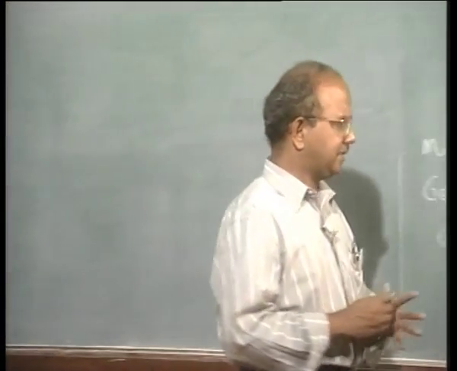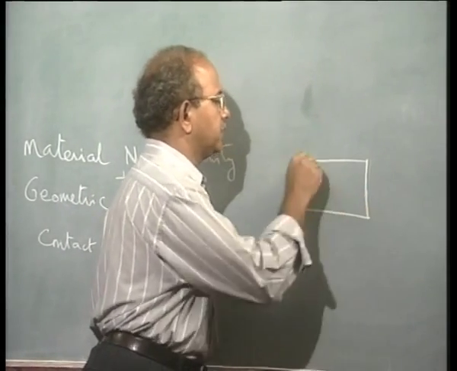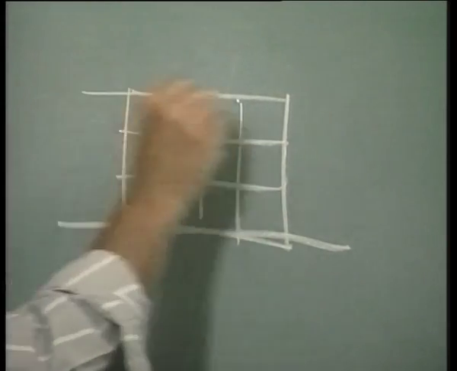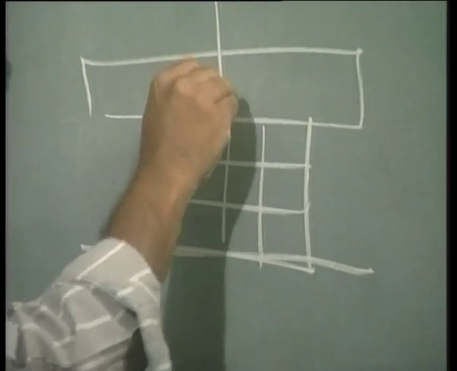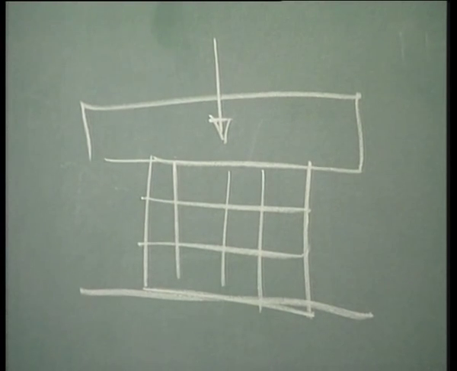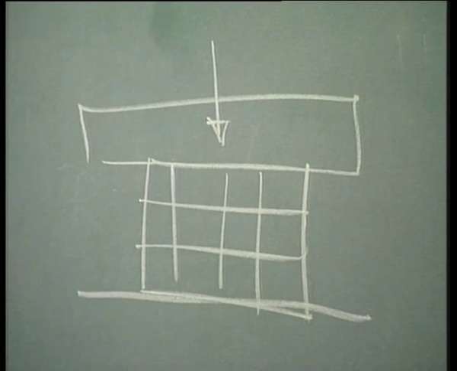Let us take our simple example. The simple example is very useful to explain things. This is some platen and you are applying the load. Now this results in, say for example, plastic deformations.